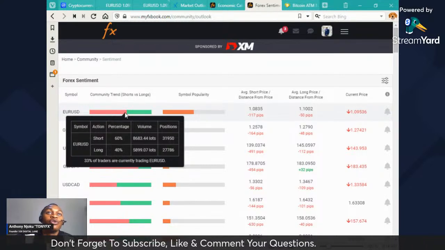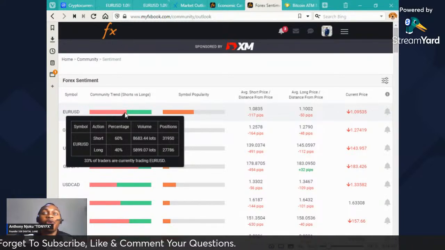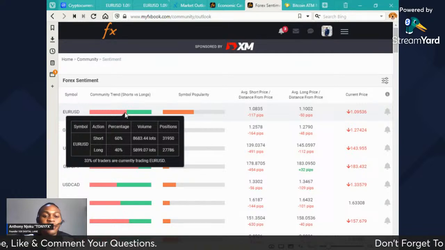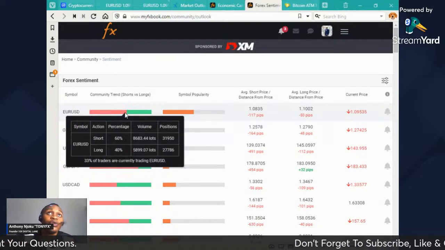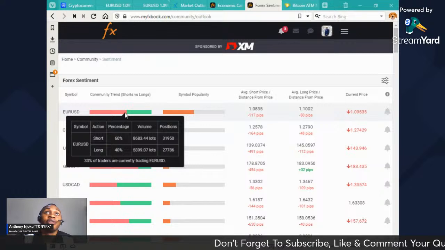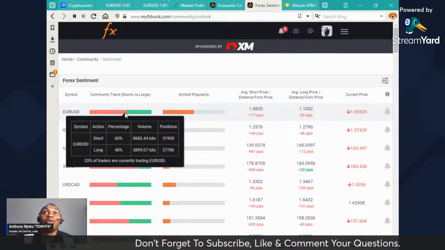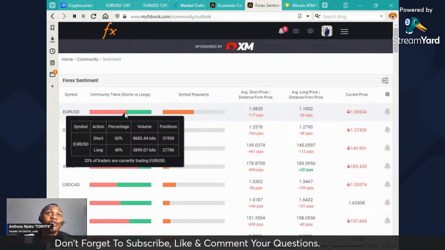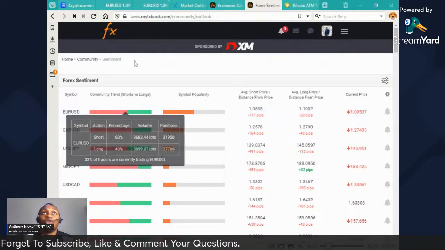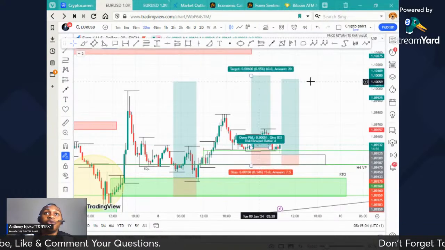So we're going with the minority, because most times the majority lose in the market, which is the retail traders, buyers, while the minority win, which is the institutions. So we'll be watching out for that.